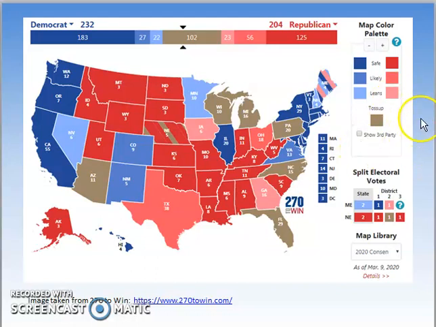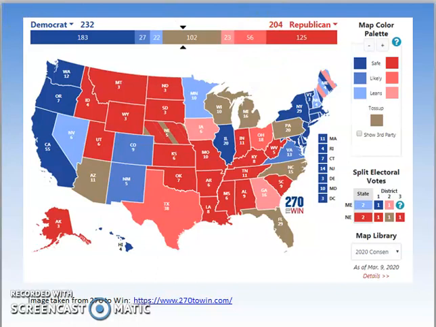You're going to see a lot of candidates coming in these areas, and they're going to try and win those states, because that right now could determine who's going to be the next president. So you're looking at about 204 for the Republicans right now is what they're thinking, and they're thinking Democrats 232.